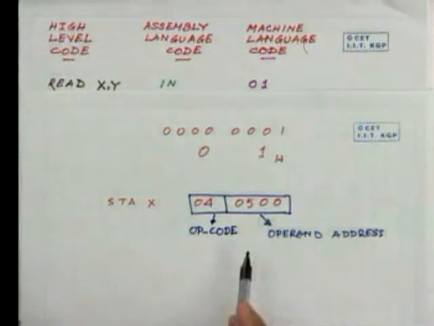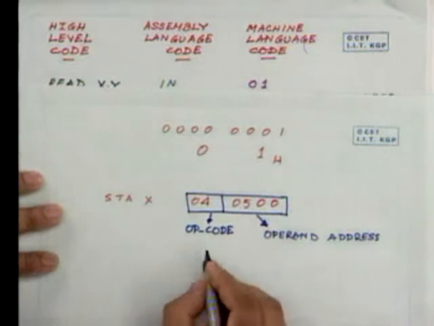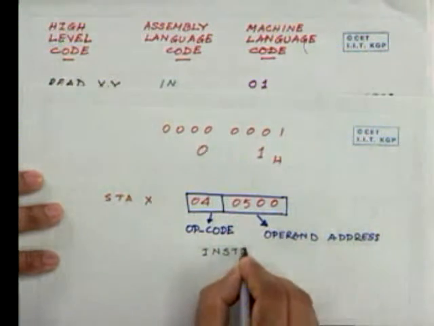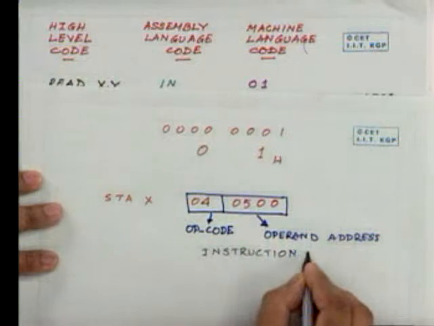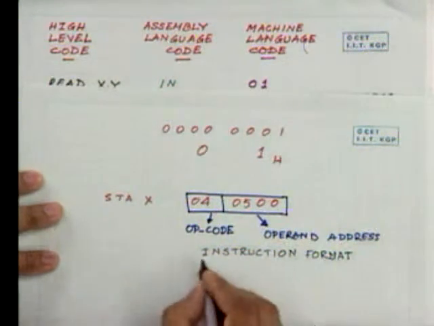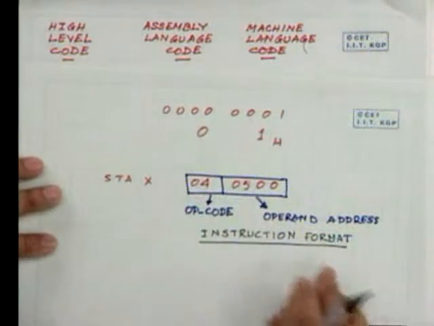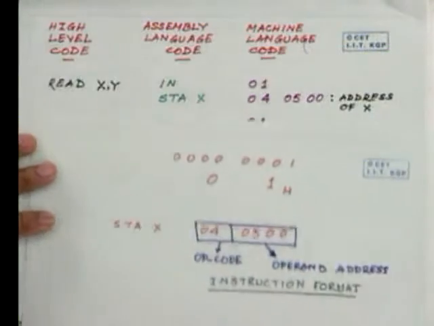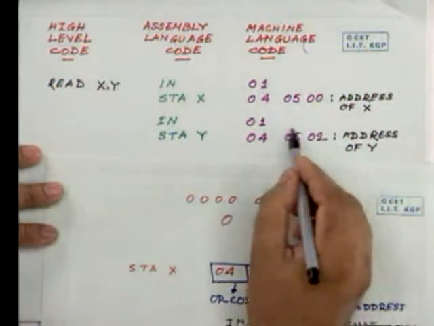Now, depending upon the machine, this instruction format varies. For example, the machine that we are considering is a single address machine, so to say, which means an instruction can have at most one address.